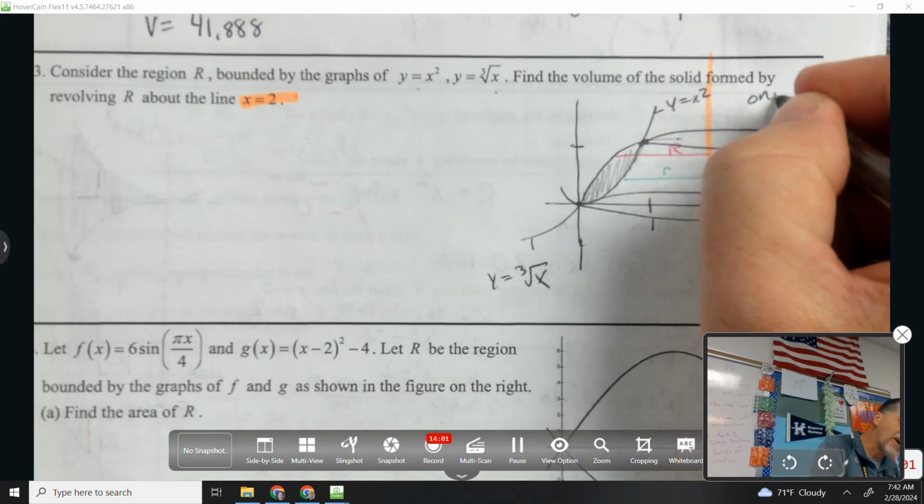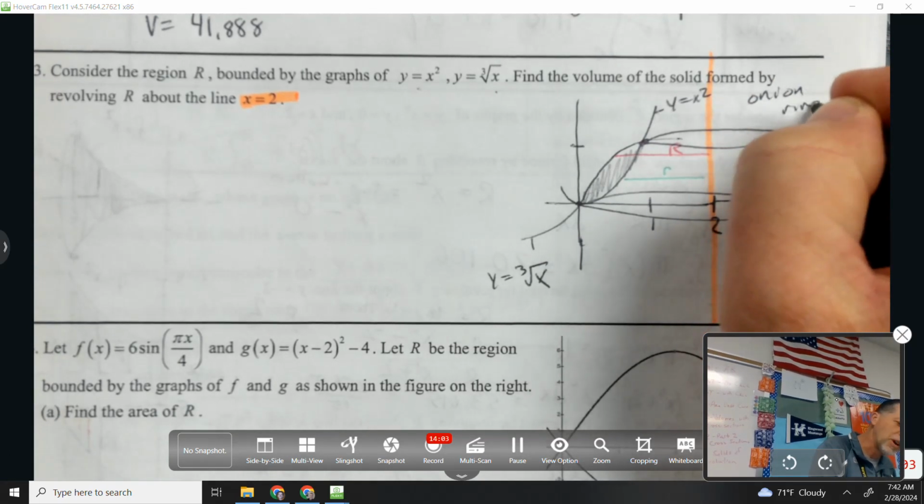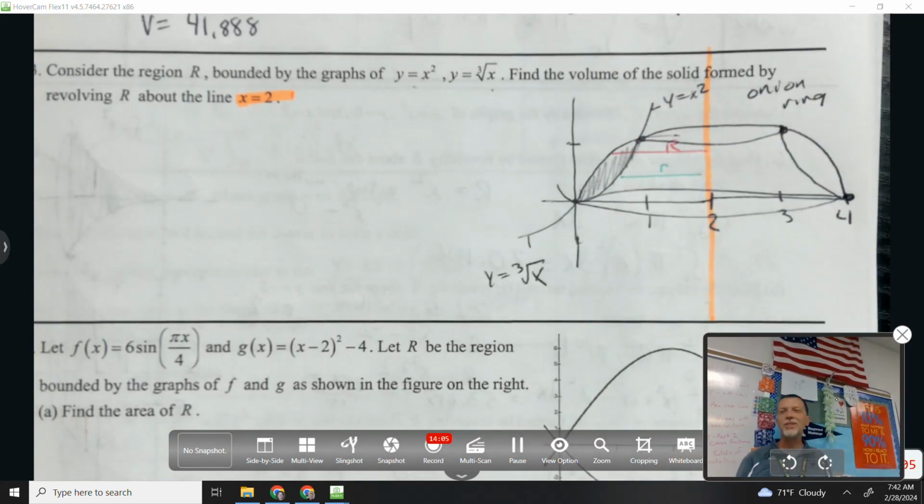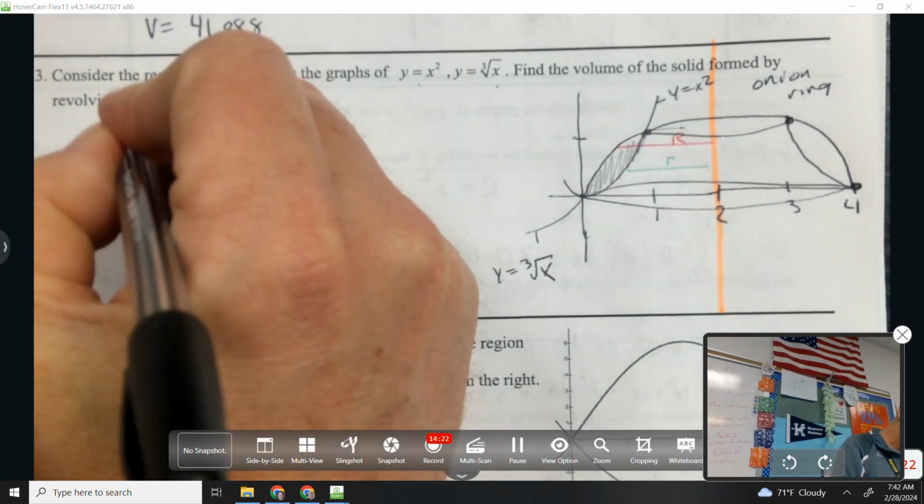Every year I ask for your descriptions because you come up with better ones than mine. I like onion ring. That's good. Because it's kind of slanted out. It looks like some black hole distortion. Okay, so definitely a washer problem because there's a hole in it, whether you think it's an onion ring or a bowl with a hole in it. So we're definitely doing washers.